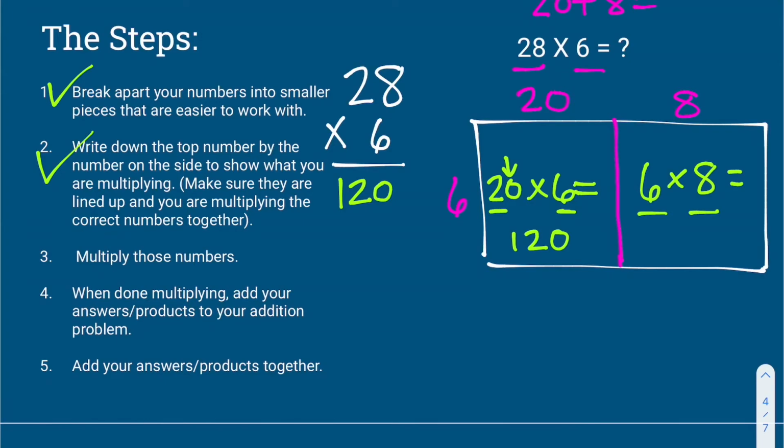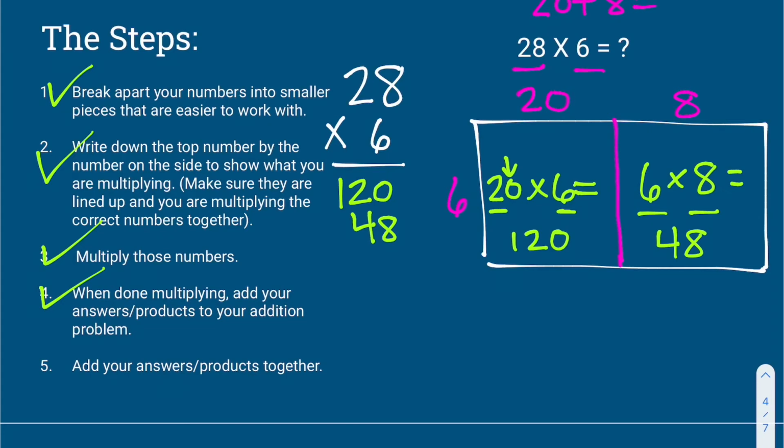And I know my multiplications, so I know 6, 8, 48. And I'm going to add that to my partial product as well. As you can see in my partial product, I am also making sure that I am lining up the numbers correctly so it's easier for me to add later on. And now I finished step 3 and step 4.